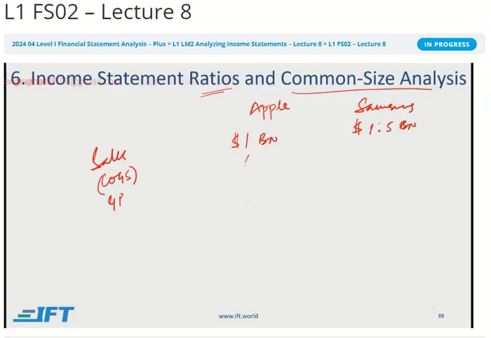Let's say cost of goods sold is 0.5 billion for Apple and 1.2 billion for Samsung, which means their profit is only 0.3 gross profit, that is. And for Apple, let's say it is 0.5 billion.